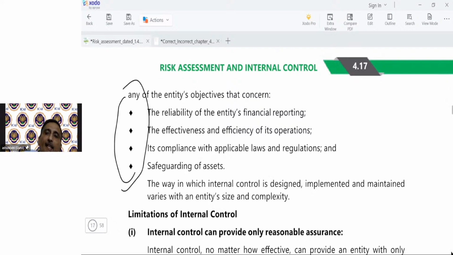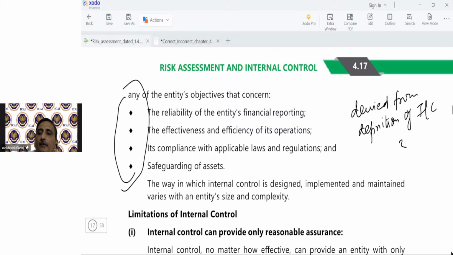All these are derived from the definition of internal control, SA 315: reliability of financial reporting, effectiveness and efficiency of operations, safeguarding of assets, compliance with laws and regulations.